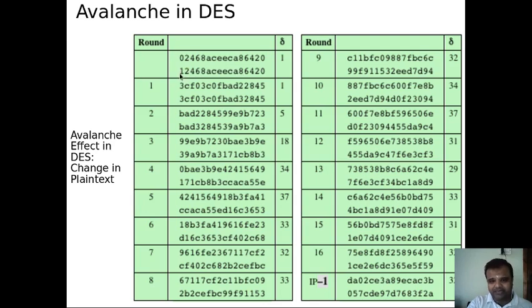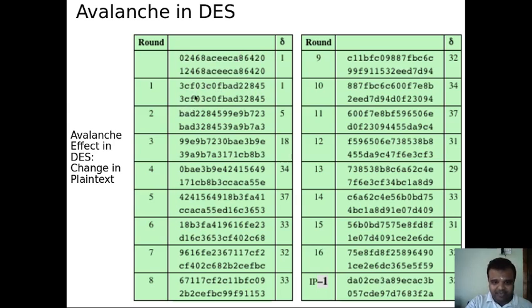Let us see what happens as you go through each round of the data encryption standard. After one round, your output is 3CF03C0FBAD22845 for this particular data.